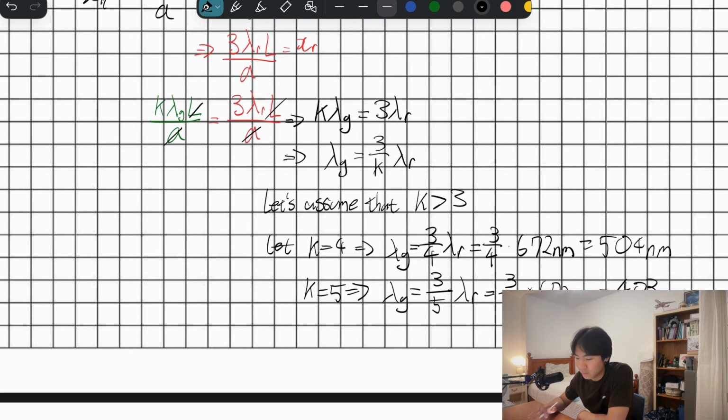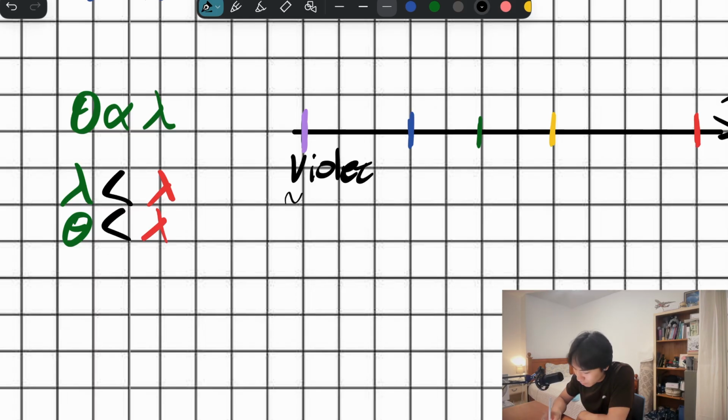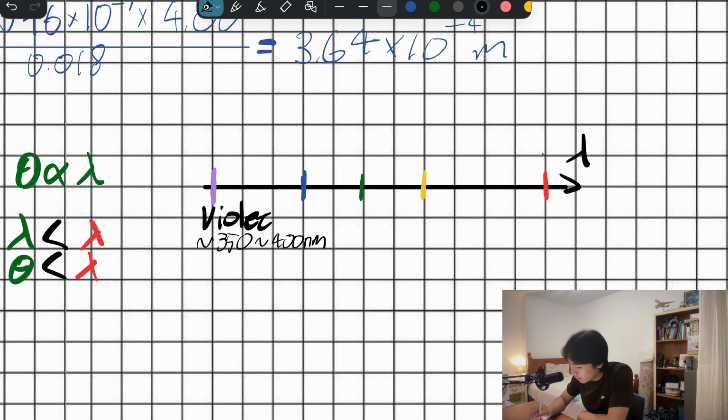If you look at the visible spectrum, as I explained here, violet is approximately 350 to around 400 nanometers. Should you know this? Yes, you should.